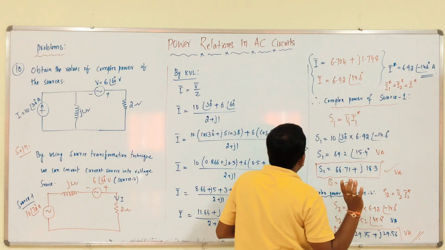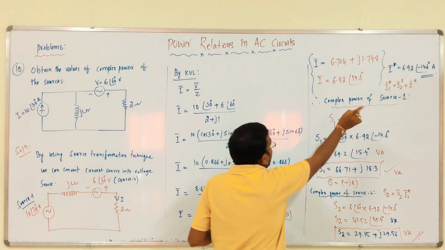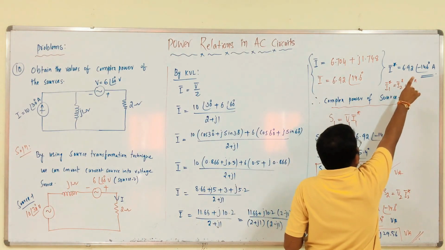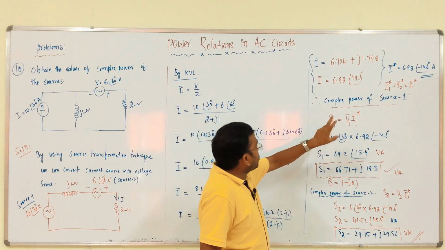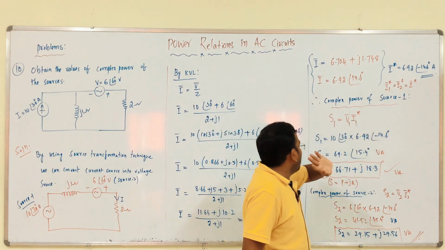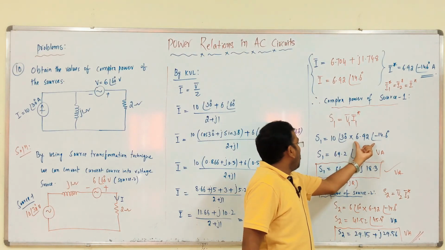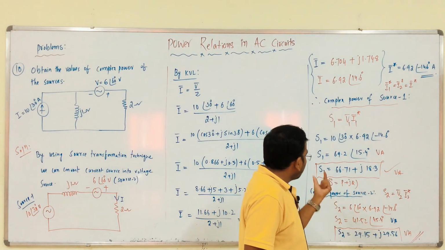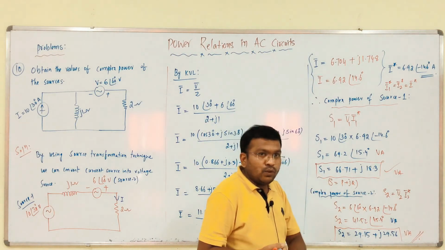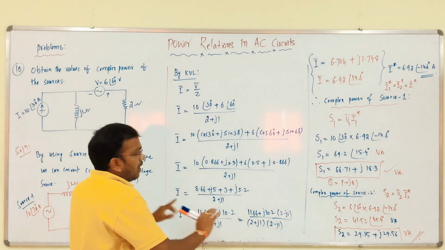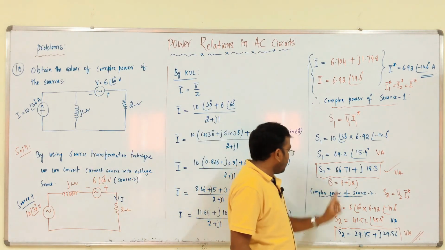V I conjugate. I conjugate is nothing but 6.92 at an angle minus 14.6. So, with respect to source 1, V1 into I1 conjugate, we can get like this. Like that for source 2, V2 into I2 conjugate; the values of I1, I2 and I are all equal. Therefore, from this we get S1, S2 like this.